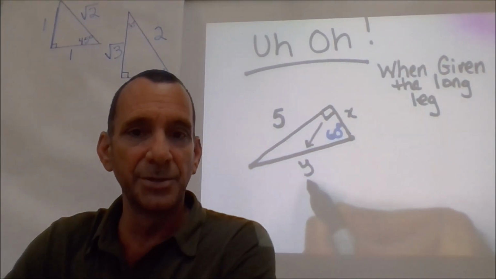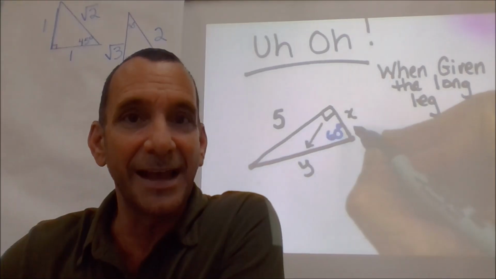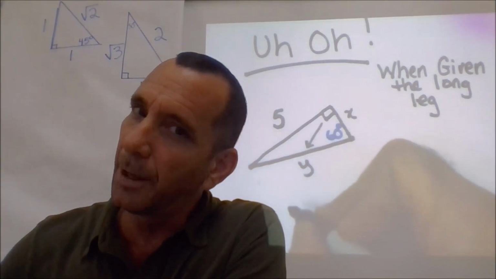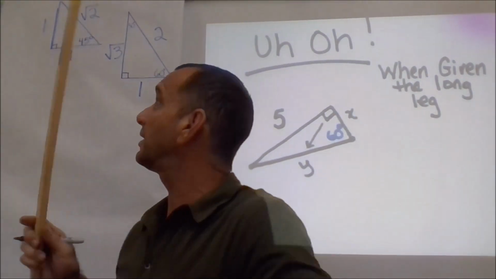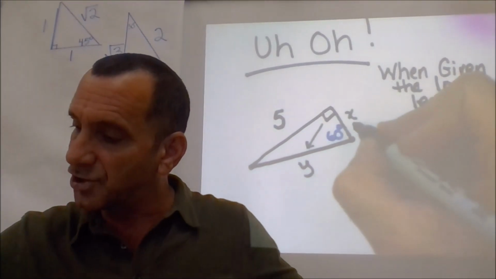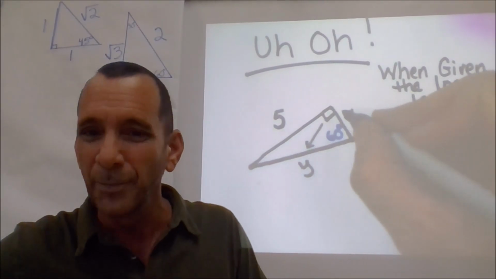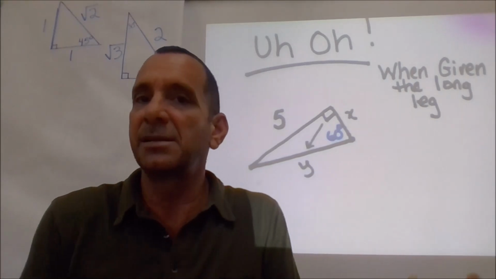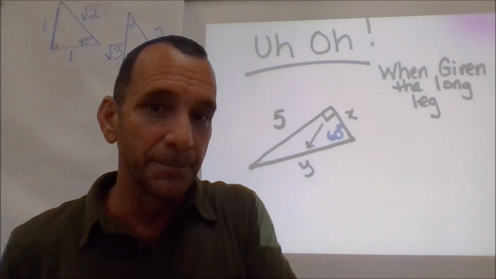So the hypotenuse is y, and the short leg is x. Well, we know there's a very nice whole number relationship between the hypotenuse and the short leg. It's a 1 to 2. So we know that the short leg is half the hypotenuse and the hypotenuse is double, but we don't have either of those. So we can't do that quick, easy whole number trick right off the start.